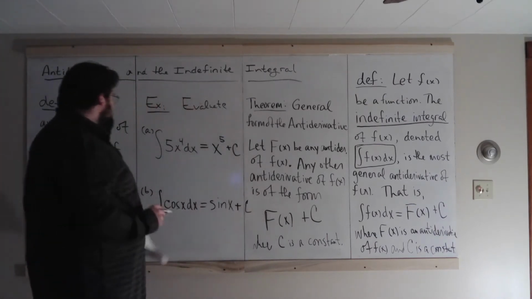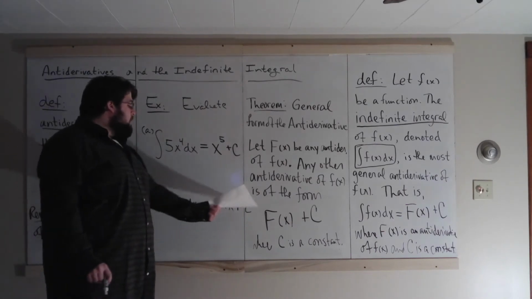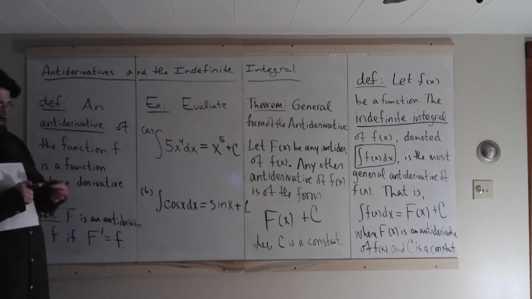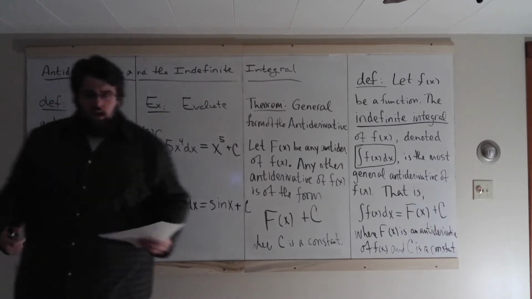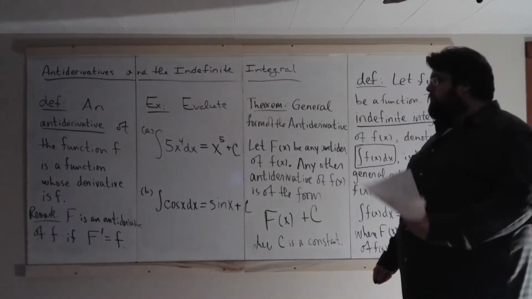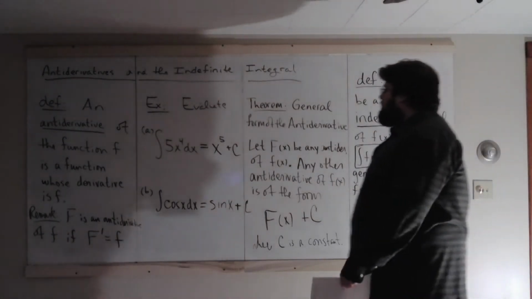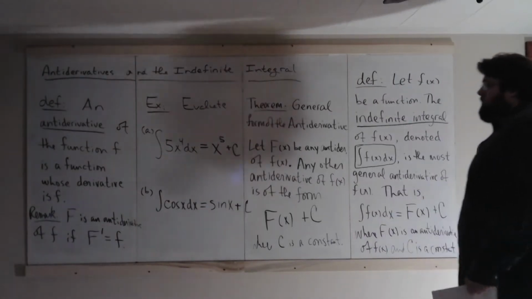So the indefinite integral of cosine of x with respect to x is sine of x plus c. Now, when we were doing derivatives, we had a large list of derivative rules, and finding an antiderivative is just that same set of rules, but going backwards. Like here we had the power rule: the derivative of x to the fifth is 5x to the fourth.